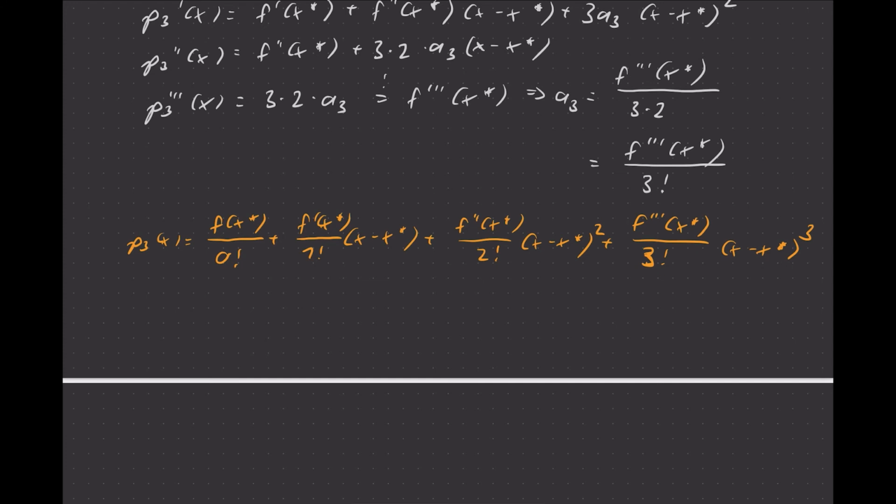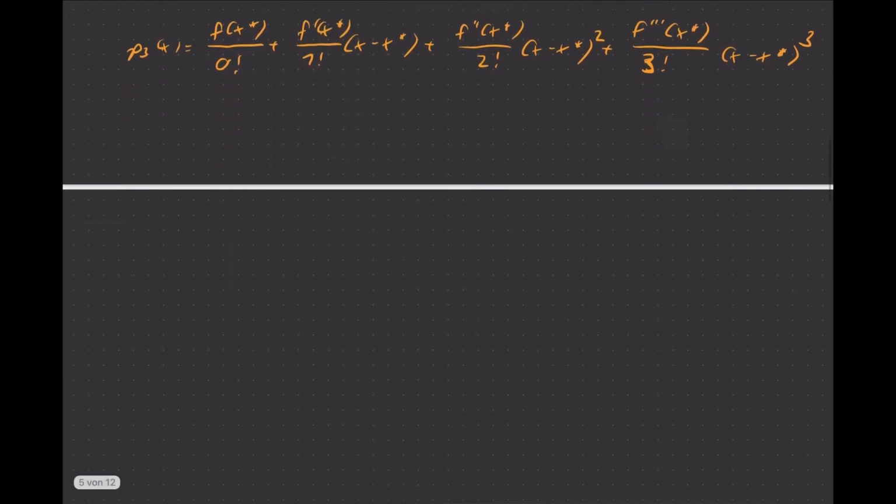And now it's easy to see what the general formula will look like. And that general formula is called the Taylor polynomial of order n, or the nth Taylor polynomial of the function f. So let's define that formally. As usual, we want a differentiable function, so we need to start with an open interval.